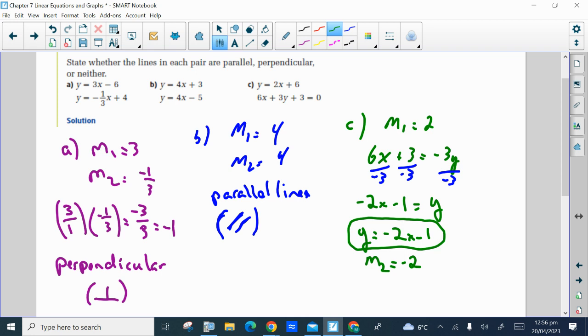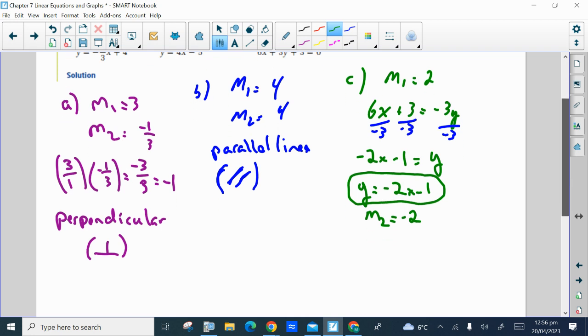But if their slopes are negative reciprocals, meaning you flip the fraction over and change its sign, then they cross at 90 degrees. Any other situation, they're going to cross somewhere, but just not at 90. So those are the only three things that can happen: parallel, perpendicular, or they're going to cross somewhere, but not at 90 degrees. Okay?